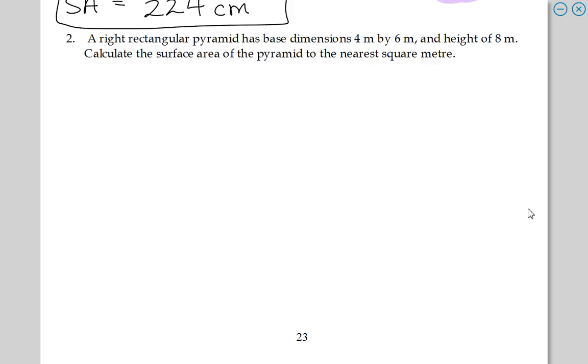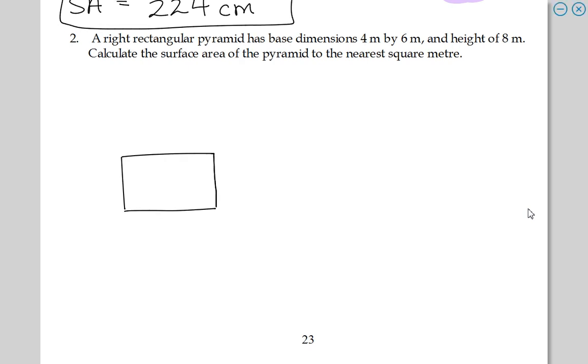Okay, now this one's a little bit more difficult. The young man who just told me that you're finished, as I go through, just make sure you got the same thing I got. All right, this one's a little bit more challenging, and I'm going to just actually draw a net for this. So draw a rectangle. Give yourself a lot of space around this rectangle. Make it large enough because there's going to be lots of notes on this diagram.